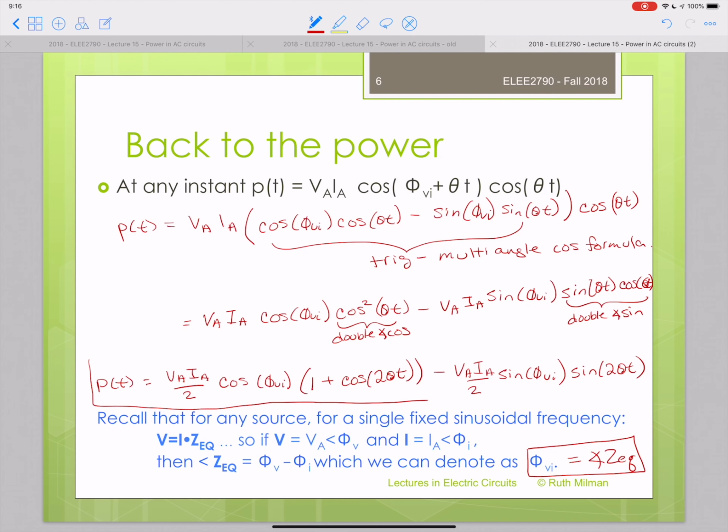These two equations are critical, and they're going to form the basis of pretty much everything that we do in power. So we want to make sure that we have a good idea of what they are and how they're going to be working.